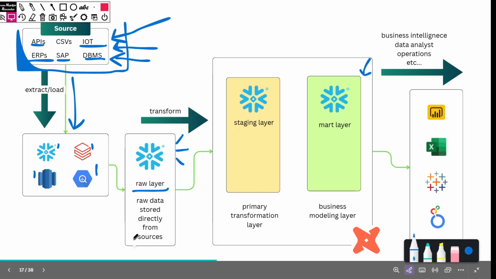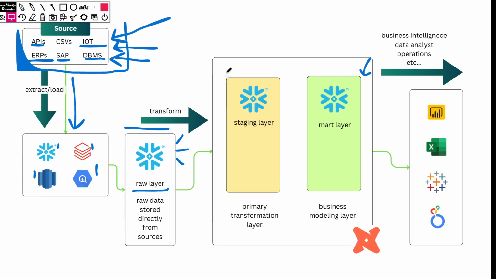So from your raw layer, it is now carried into your staging layer. You pull it into your staging layer. So at your staging layer is where you perform your primary transformation. This is where you carry out data cleaning, data transformation, column naming, and some validation.